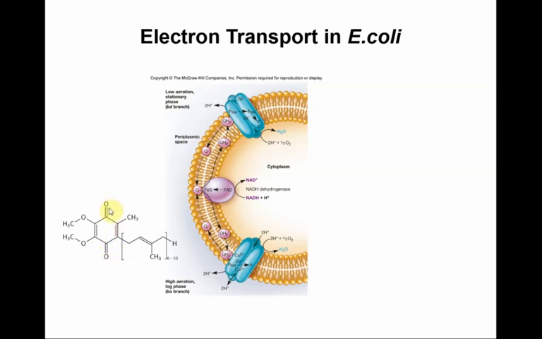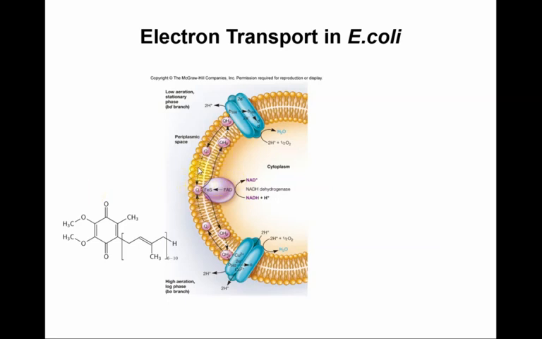So if quinone is reduced, that is, it will take the electrons and two protons from NADH and a proton, and these ketone groups will be transformed to alcohol groups, right? So this becomes OH, and this becomes OH. Okay? So you put the electrons onto quinone. So this is a hydrophobic small molecule that is within the lipid bilayer of the plasma membrane.